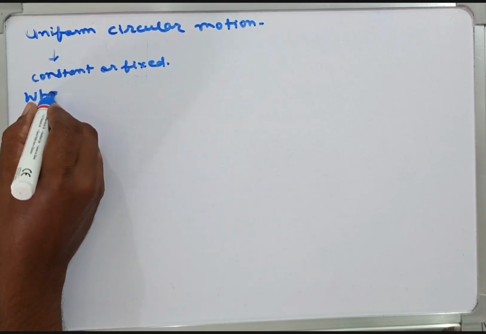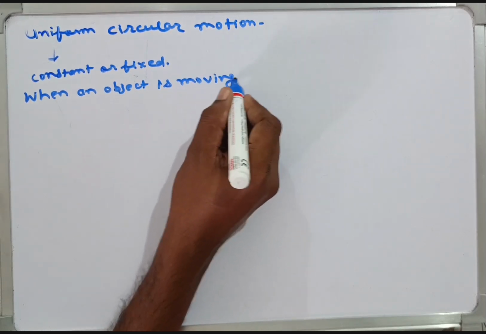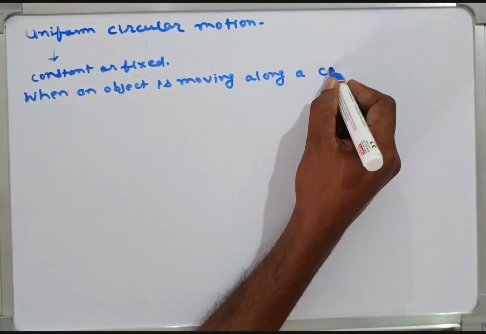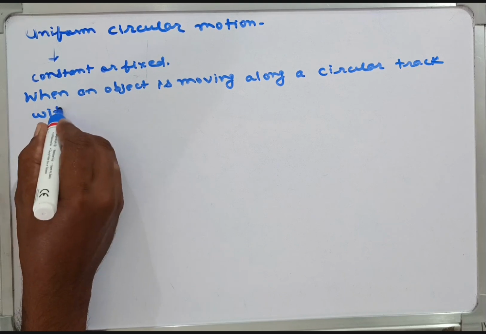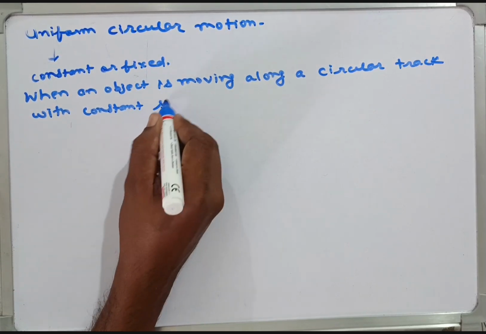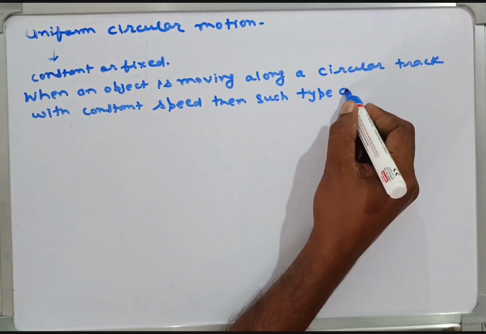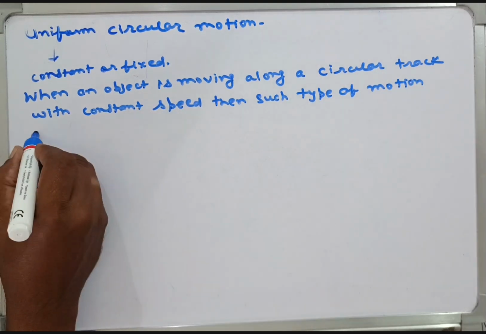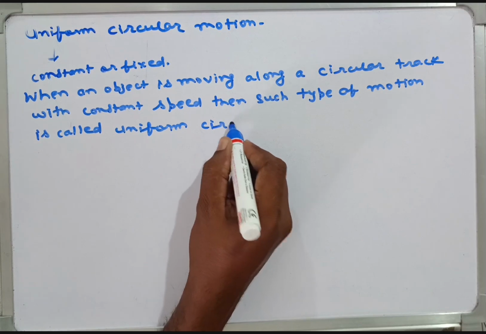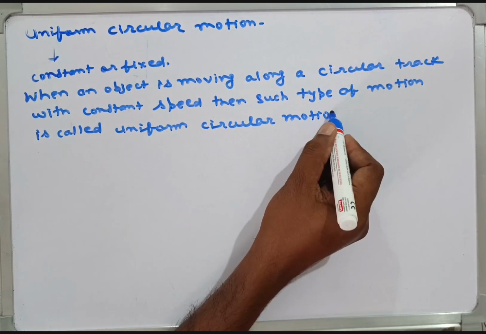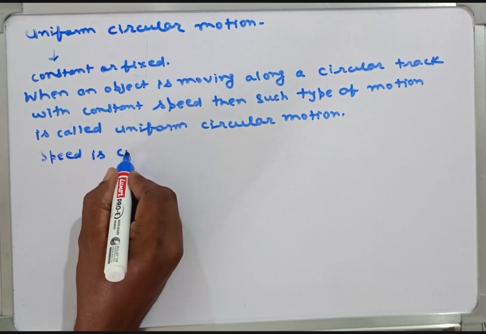So when an object is moving along a circular track with constant speed, then such type of motion is called uniform circular motion.